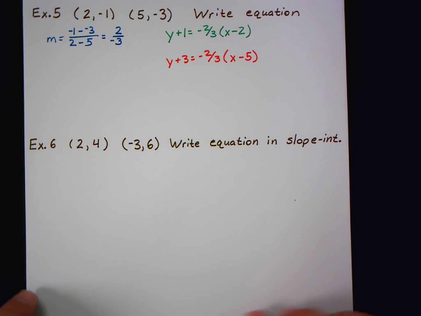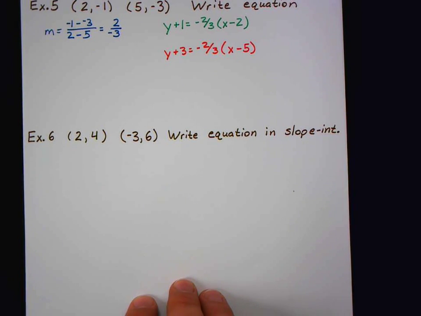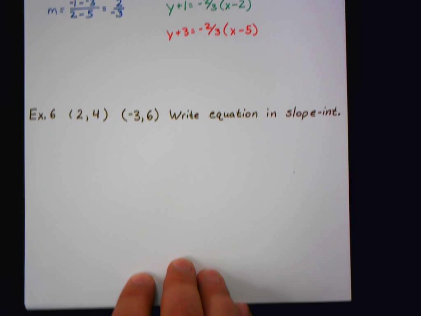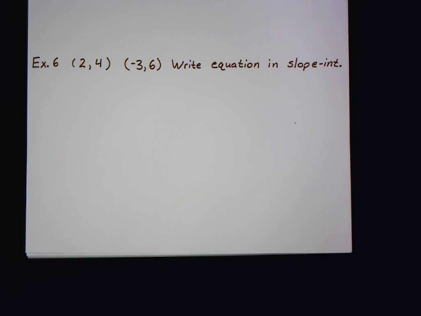Okay, so last one. I will occasionally ask you to put it in slope-intercept form. That is just to test your algebra skills. So if you do have an equation that asks you to do it, you do need to do it. It is a valid skill to have. I'm just not going to make you do it every time.